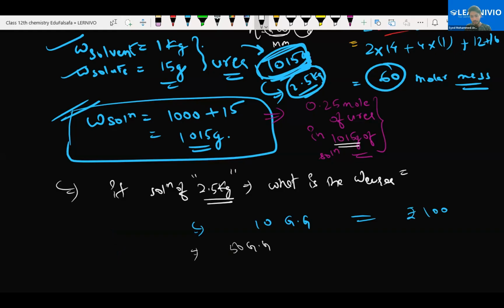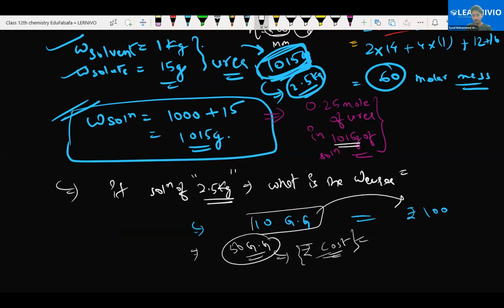then what is the cost I am charged by the pani puri vendor? How much money will he take from me? If 10 golgappa cost 100 rupees, then what is the cost of 50?